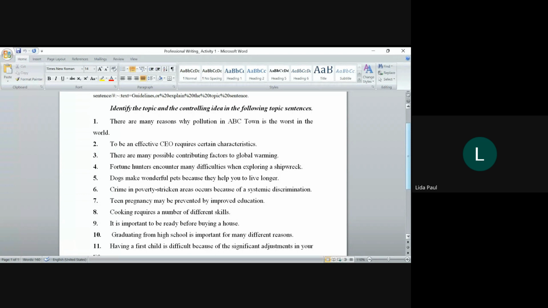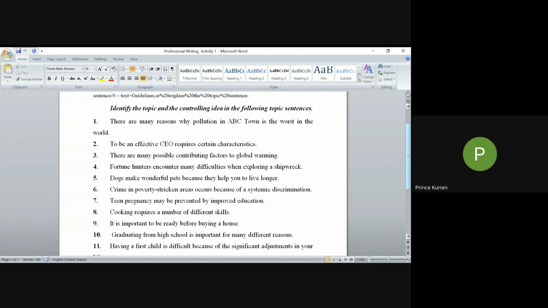Okay. There are many reasons why pollution in ABC town is the worst in the world. What is the topic? Pollution in ABC town, right? Pollution in ABC town is the worst in the world. The whole of that part would become your topic. And what will be your controlling idea?